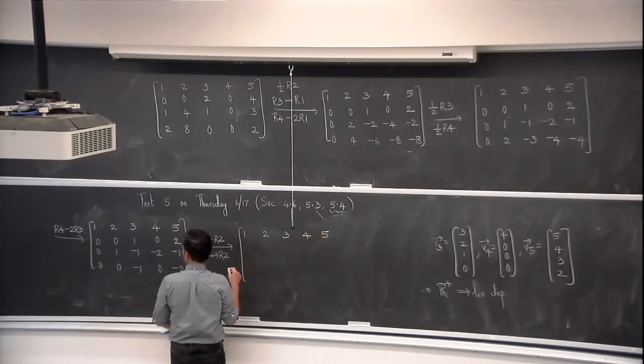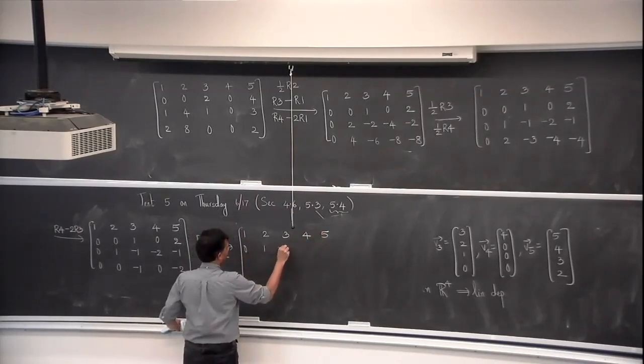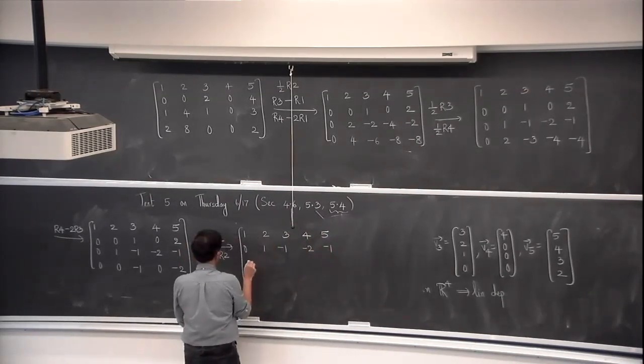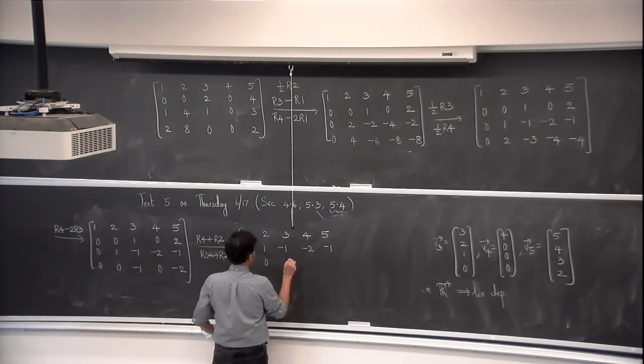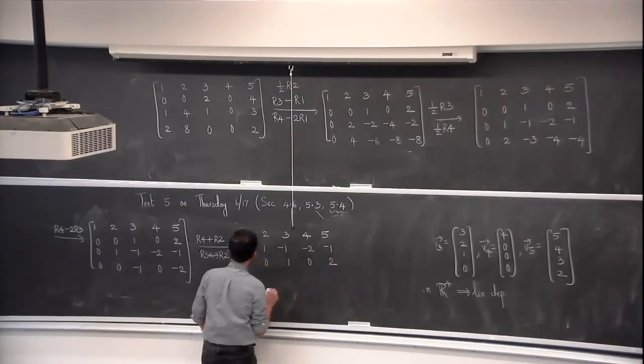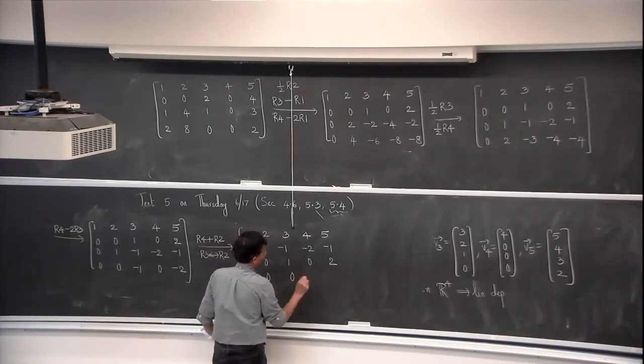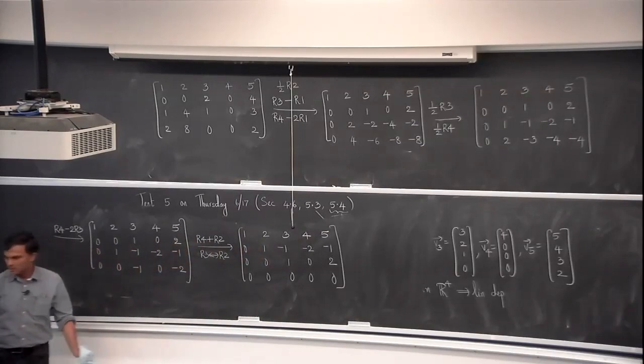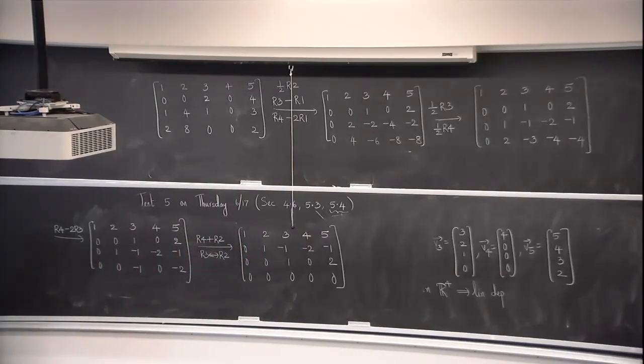5, 0, 1, -1, -2, -1. Yeah, that looks okay-ish.